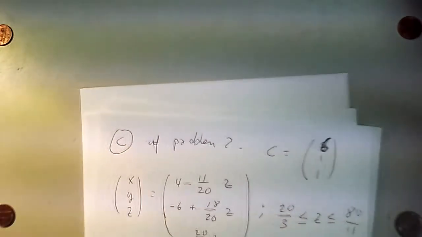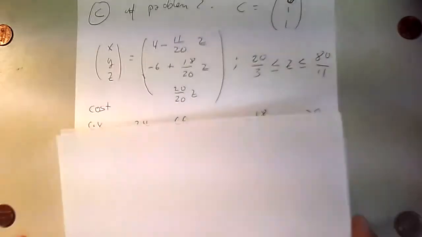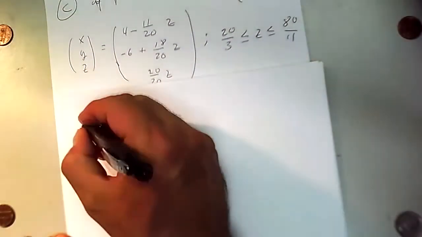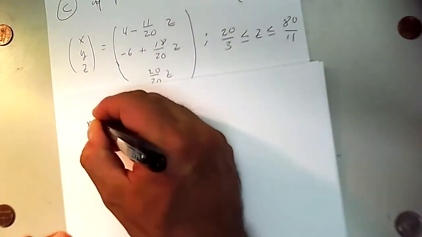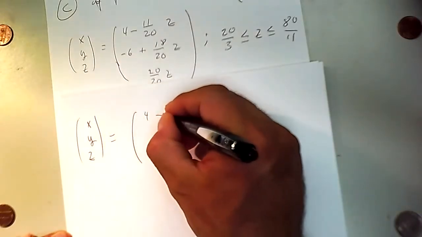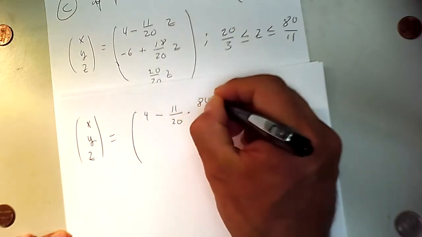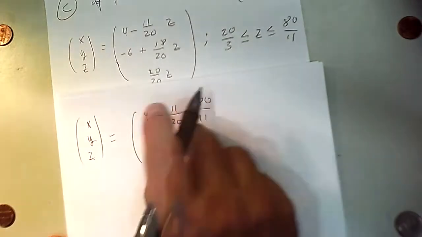Okay, new page. So what is our solution? Our solution is XYZ equals 4 minus 11 over 20 times 80 over 11. This has to be 0.